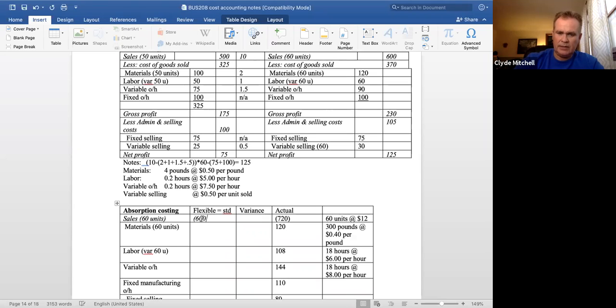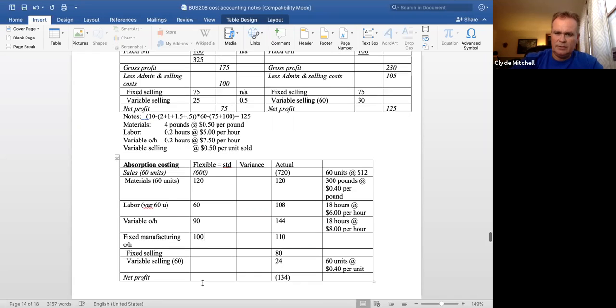Now what we can do is go and take this information that we have now, we can go and then compare it against our budget to identify these differences. So I'm just typing these in. We have the materials, labor, variable overheads, fixed manufacturing, fixed selling, and variable selling is 30.